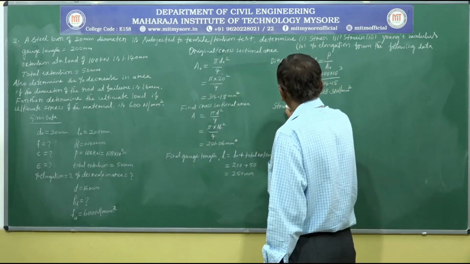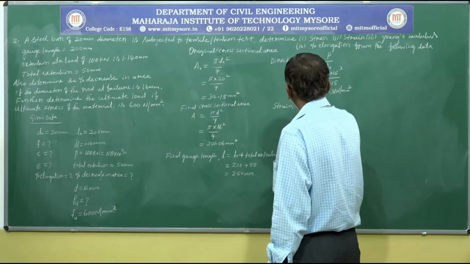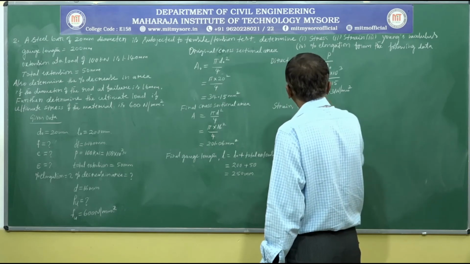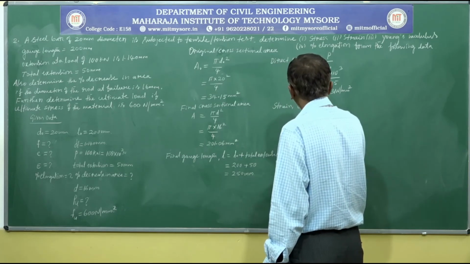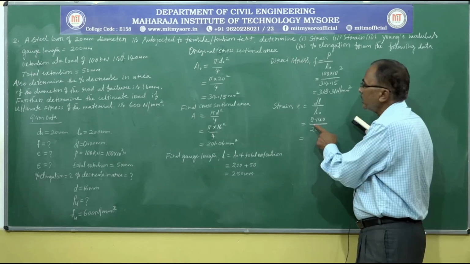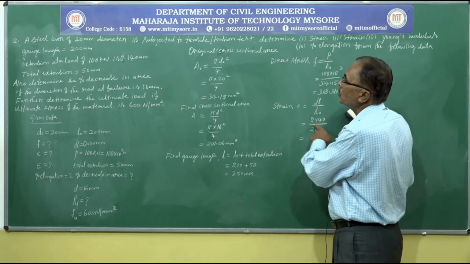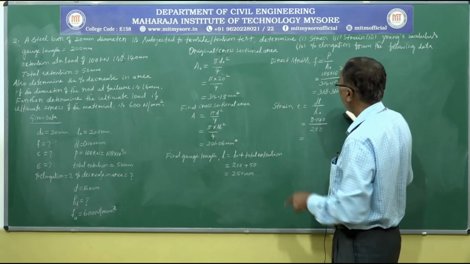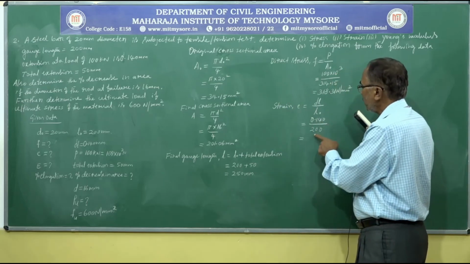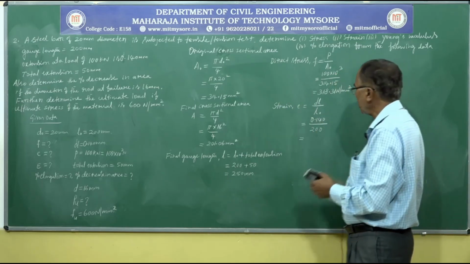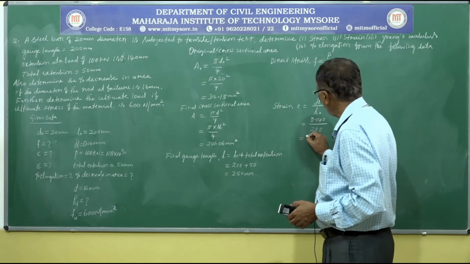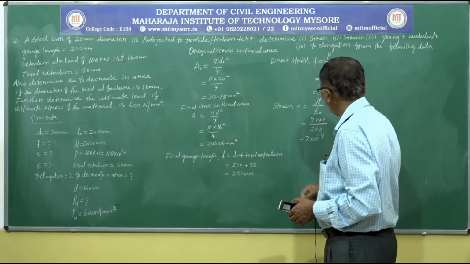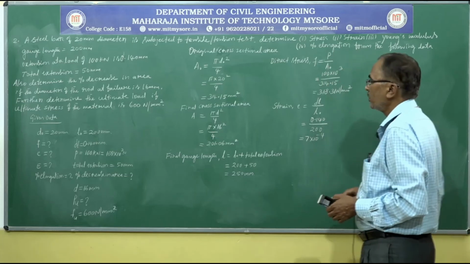Strain e is equal to delta L divided by L naught, that is equal to, here given delta L corresponding to load 100 kilonewton is 0.140 millimeter and the gauge length is 200 millimeter. That is equal to 7 into 10 power minus 4, which is unitless.